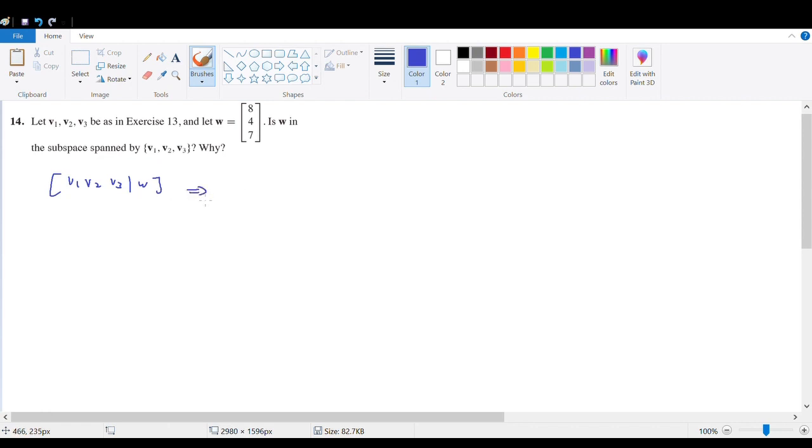So now we have 1, 0, minus 1. This is from exercise 13. We have 4, 2, 6. And we have W, which is 8, 4, 7. So now if we do row operations for this one, we will get 1, 0, 0, 2, 1, 0, and 4, 2, 0. And here we have 8, 4, minus 5.